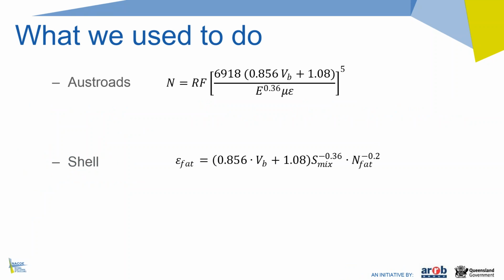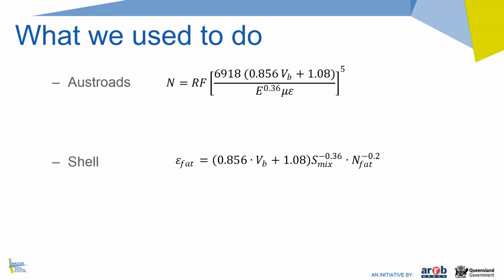So again, I'm going to take you through the difference between what we're doing currently and what we propose to do going into the future. This slide shows the current Austroads fatigue equation at the top, and most of you will be familiar with that.